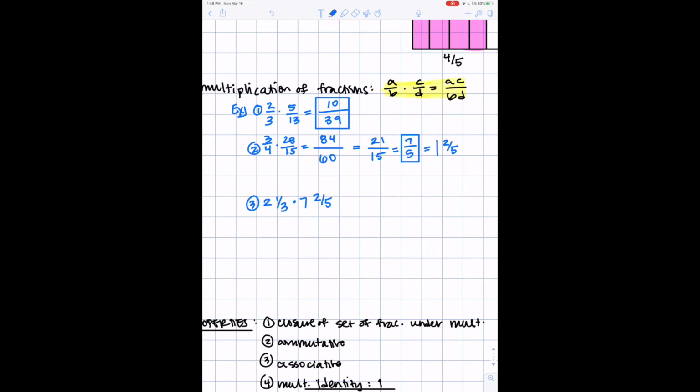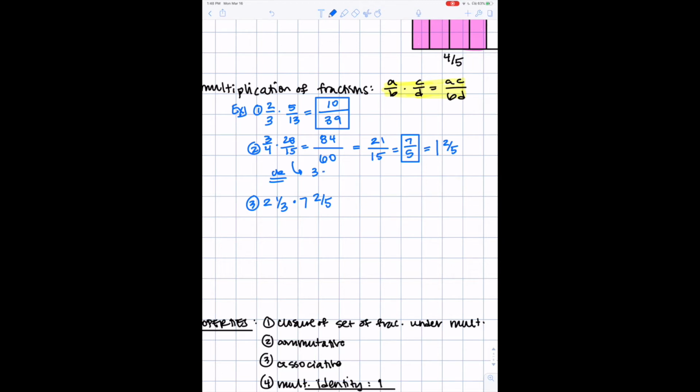Okay. So notice that when I'm doing this multiplication, what I did in my very first step was I just multiplied the numerators and multiplied the denominators. What I could have done instead is I could have noticed, as you might have noticed while looking at this example, that there were common factors in the fractions to begin with.